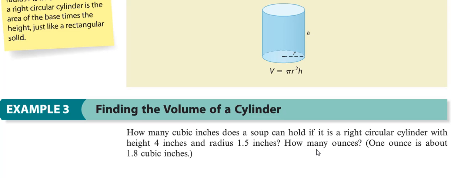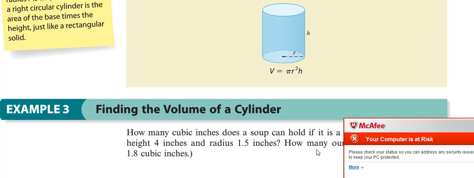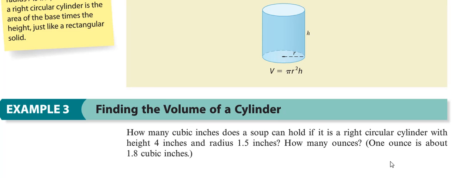You have to have the conversion factor for cubic inches to ounces, because the measurements are given in inches. You find the volume in cubic inches first, and then you convert the cubic inches into ounces. And 1 ounce is about 1.8 cubic inches.